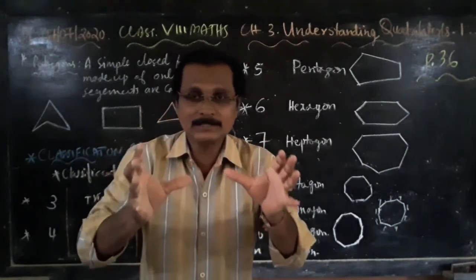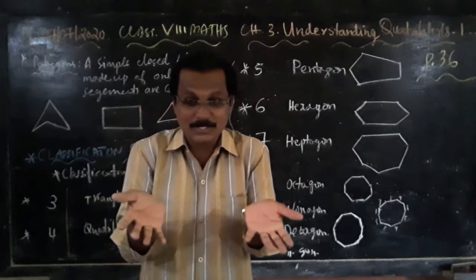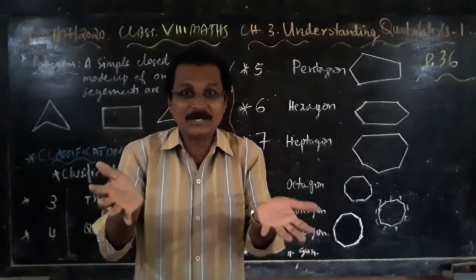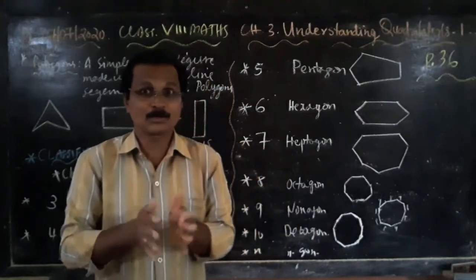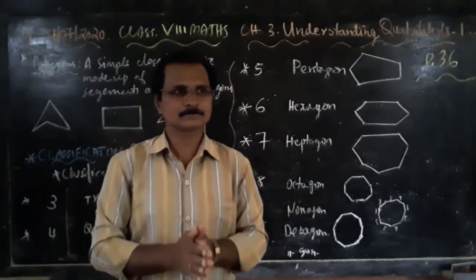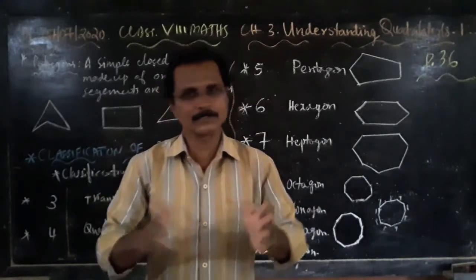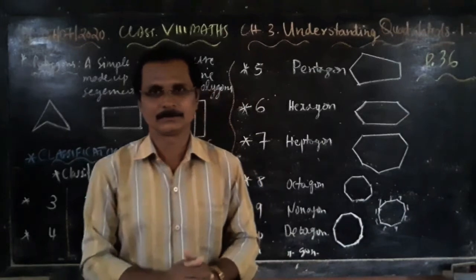Now we need to look at the number of sides. If the polygon is there, we need to find out the number of sides. Number of sides or angles, anything. You can count the sides, then you decide.